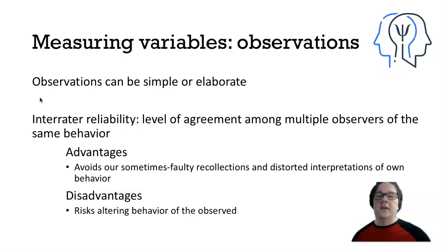So what we typically will do is have at least two people observe the same behavior, or observe the same variable, and then see how well those two people agree on what they saw. And we call that inter-rater reliability. So this helps to kind of control for observer bias.